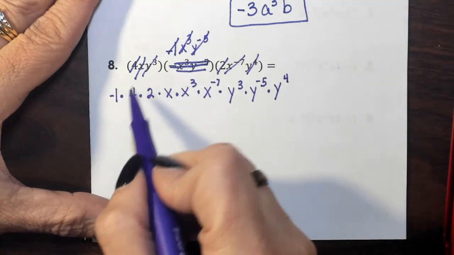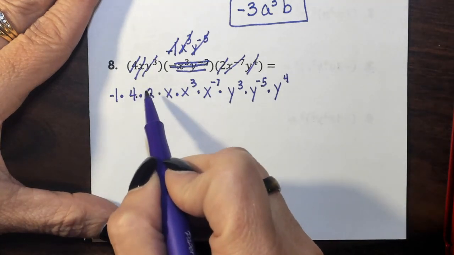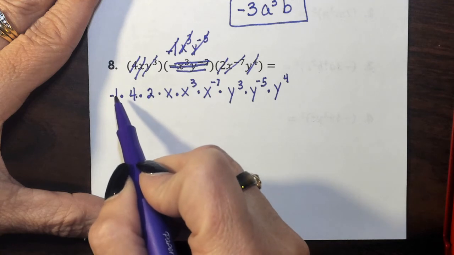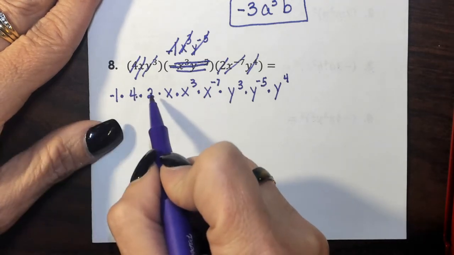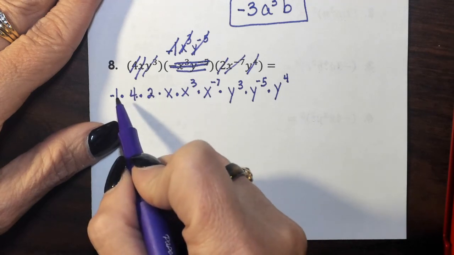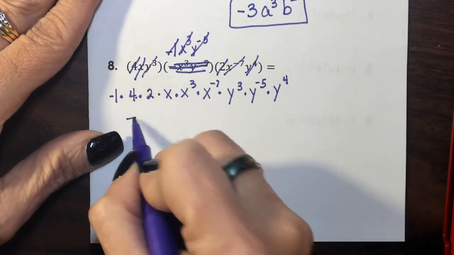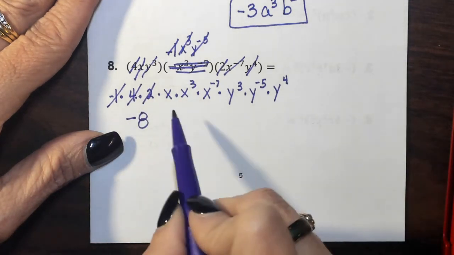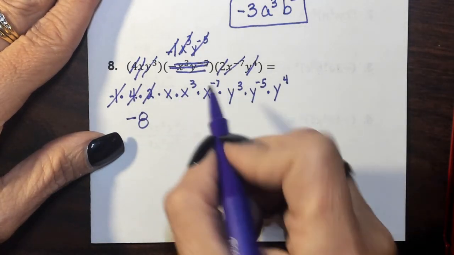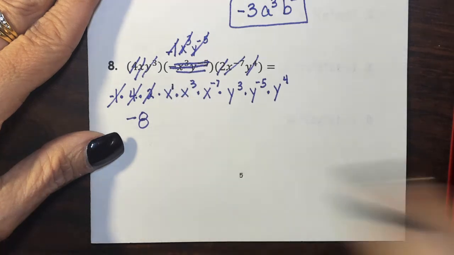All right. 4 times 2 is 8, and 8 times negative 1 is negative 8. I'm going to say that again. 4 times 2 is 8, and 8 times negative 1 is negative 8. I'm going to mark these off. Count how many you have here. So, 1, and I'm going to use my calculator.